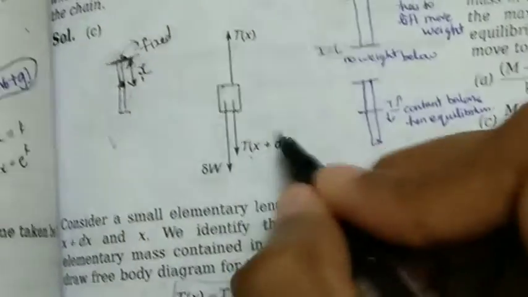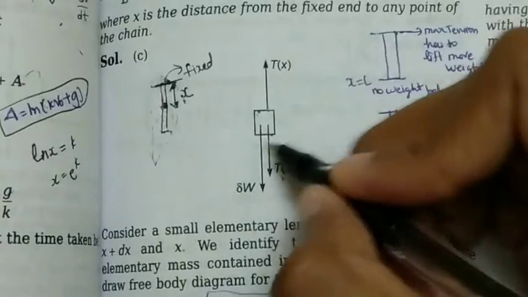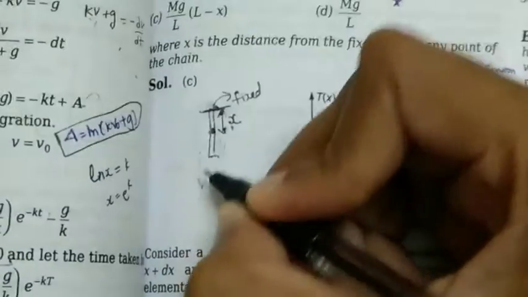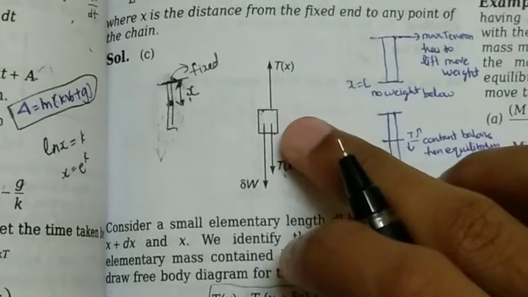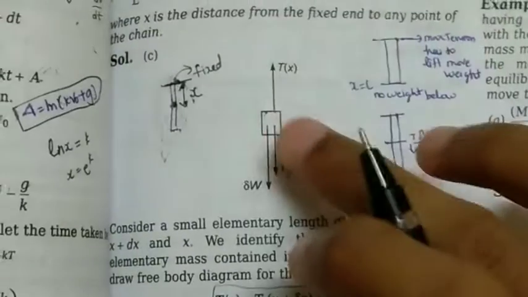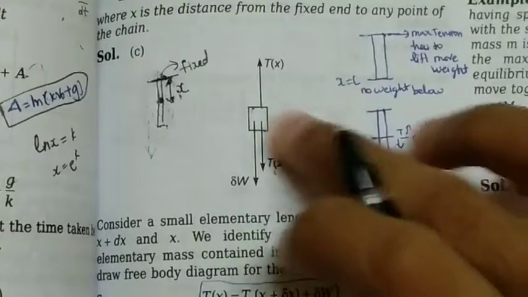This tension is because of the weight of the chain which is remaining below this elementary mass. This part of the chain has to lift the entire mass below it. In lifting it, the bottom part would have its own weight, and because of that weight it would have some tension.